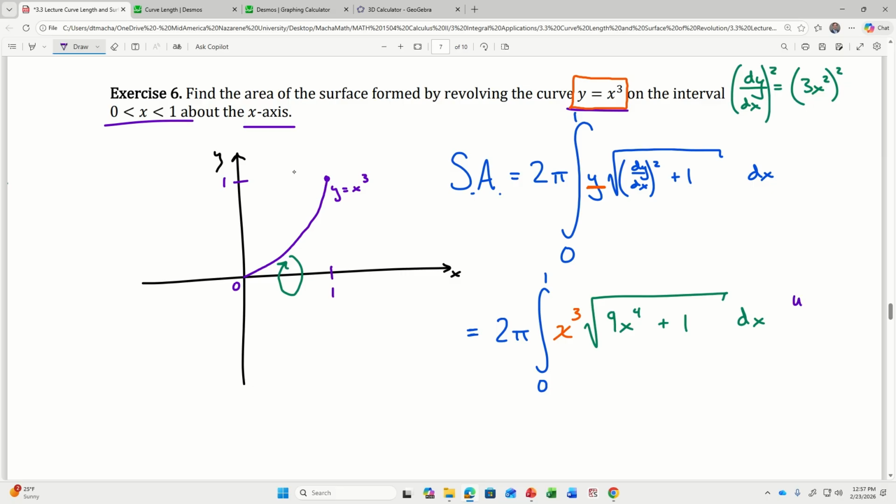X to the 4. Let's just make it the whole thing: 9x to the fourth plus 1. So then the derivative would be 36x cubed.